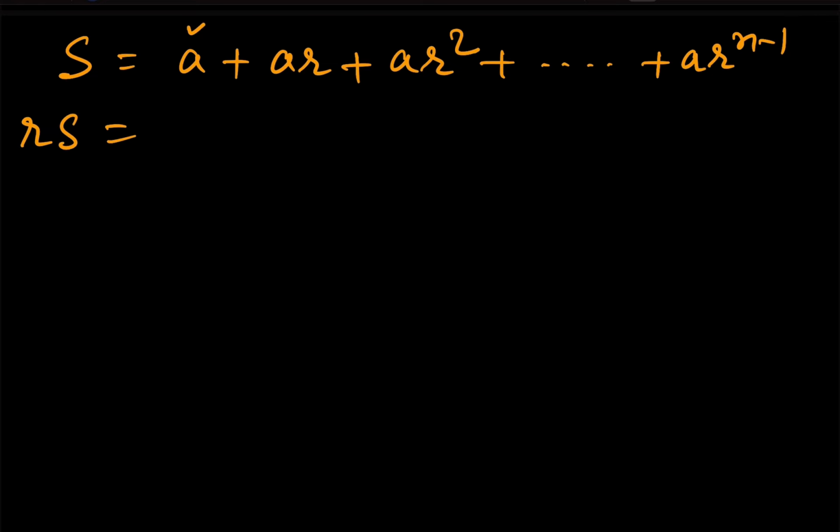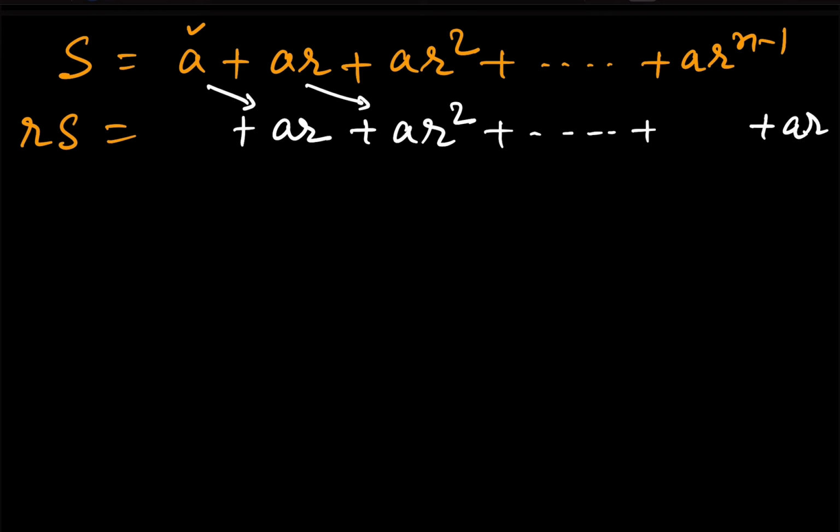Now you have to shift it one position in the rightward direction. So here you will get a r. The first term into r will come here, the second term multiplied by r becomes a r squared. Similarly, a r to the n will come here and a r to the n minus 1 will come here.